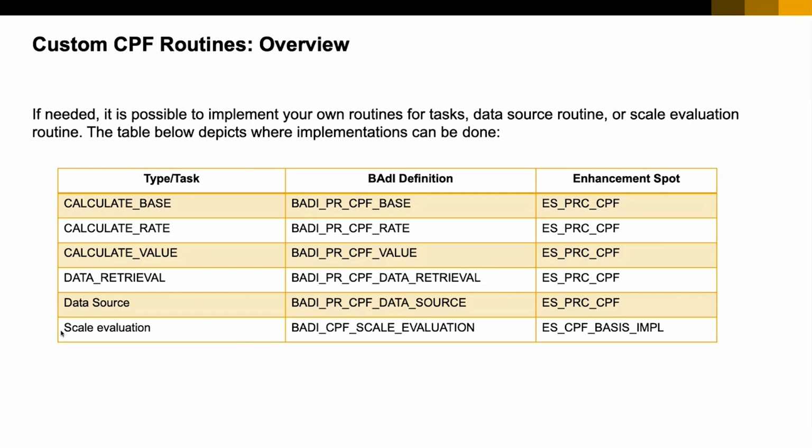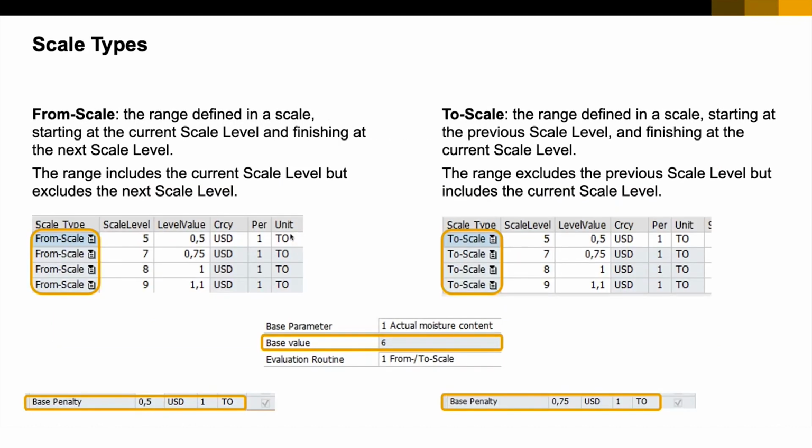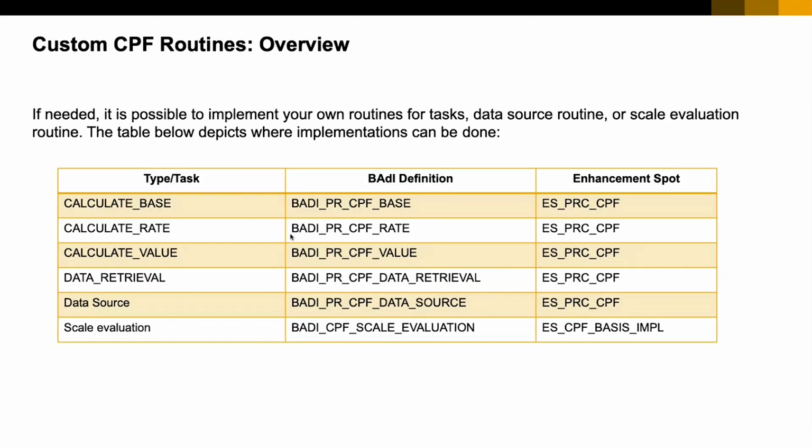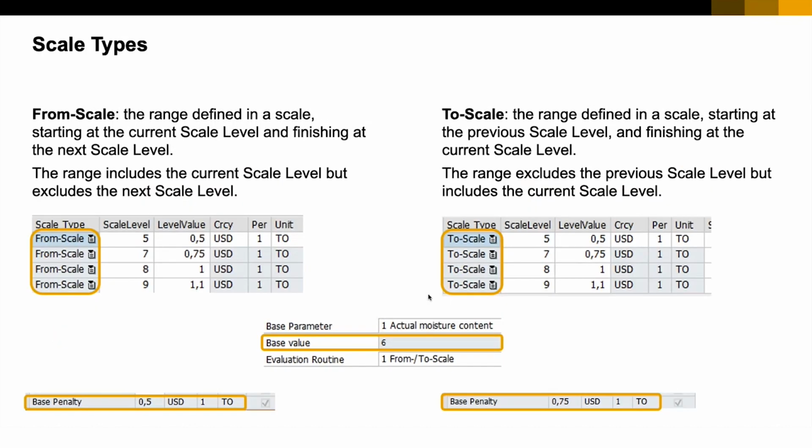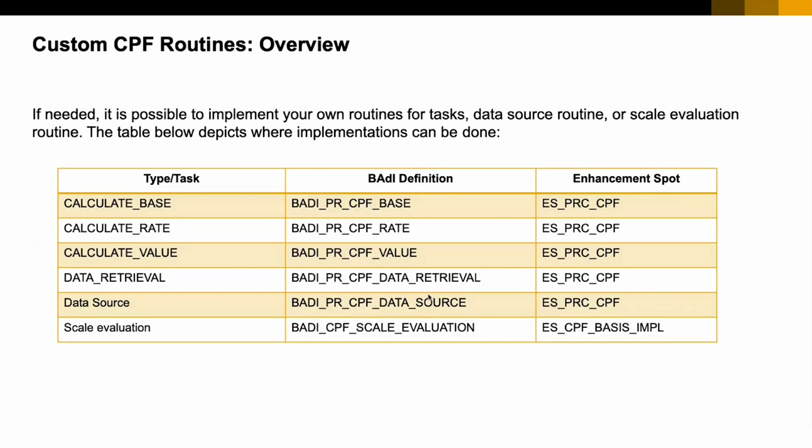They can also be used for scale evaluation. For example, if this is something which is not acceptable to you, then you can even have a Z table created of your own, and using these BAdIs, you can read that Z table instead of the condition record. So that is also possible by using these BAdI definitions.